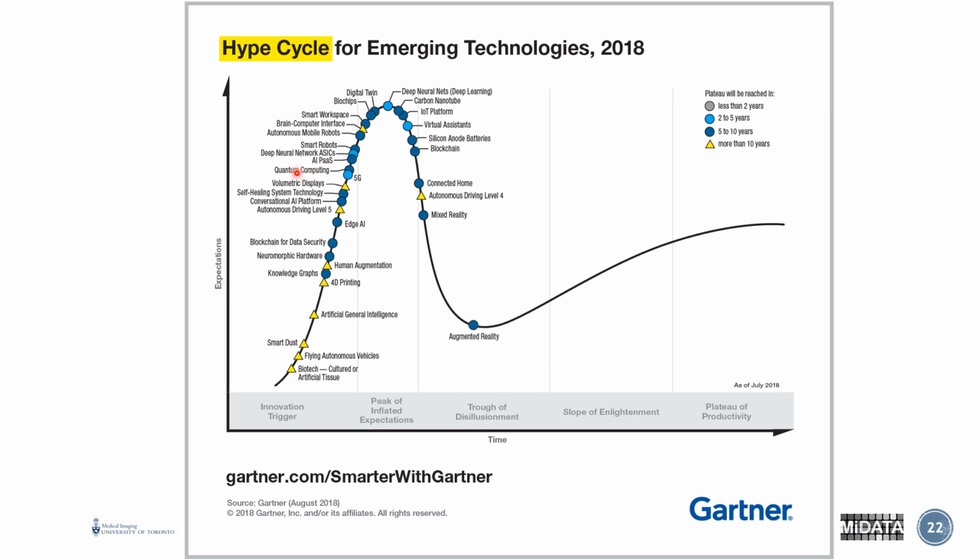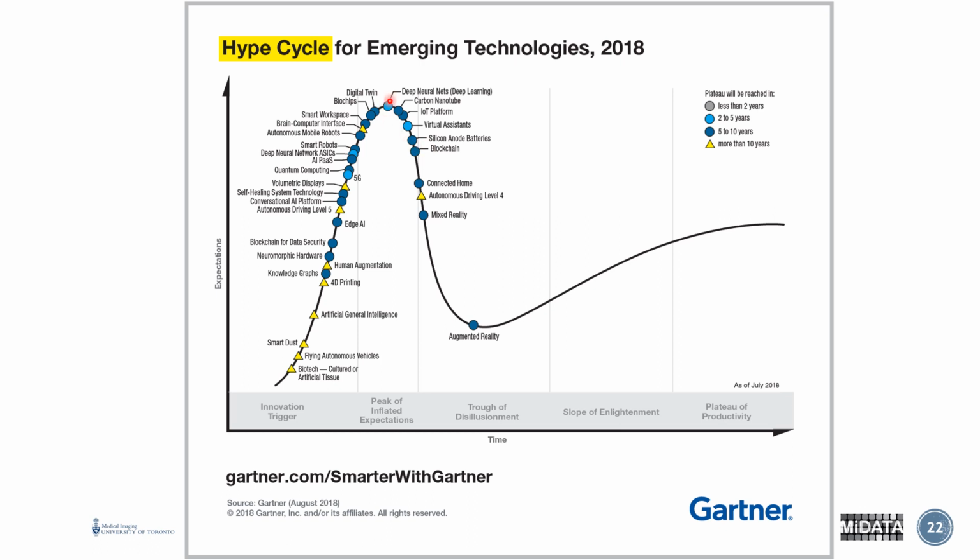Quantum computing is always there, right? As you can see, it's getting closer to the peak in this graph, which means inflated expectations, meaning it is really close to becoming a reality, and so people believe, right? But if you look right at the top in 2018 was the deep neural nets, the deep learning.